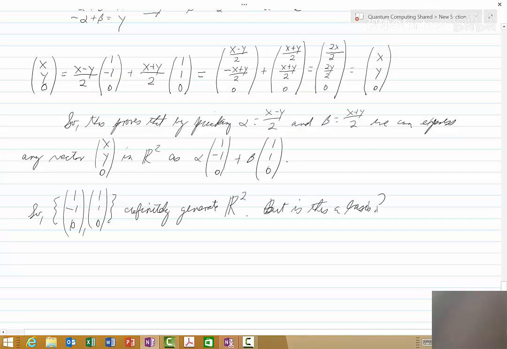But if we take the set of all linear combinations of both, that's when we get all of R2. So this set is minimal, and so it is indeed a basis. I'll say yes, because it both generates R2 and is minimal.